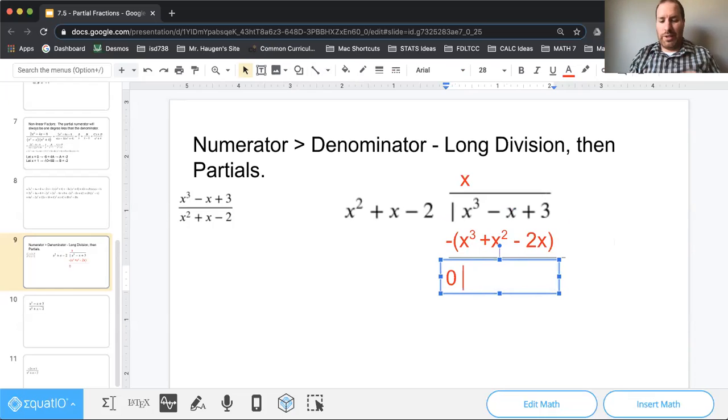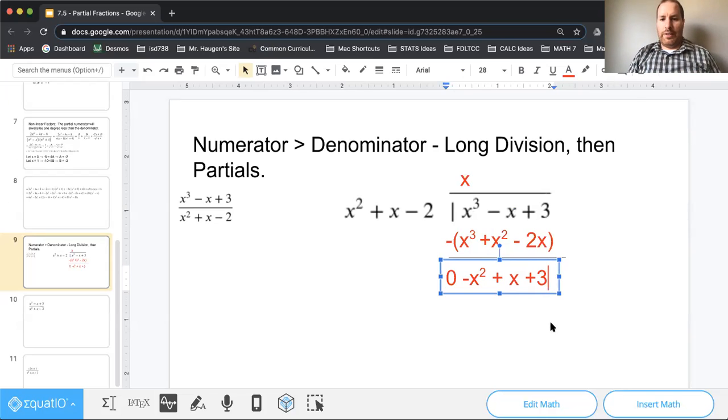There is no other x squared, so we would be subtracting x squared, and we have negative x squared in that case. Then we have negative x minus negative 2x. I was a little bit off in my notes, so that's going to be positive x when all is said and done. And then we have this last part, which is just plus 3. That's all we'd have there.